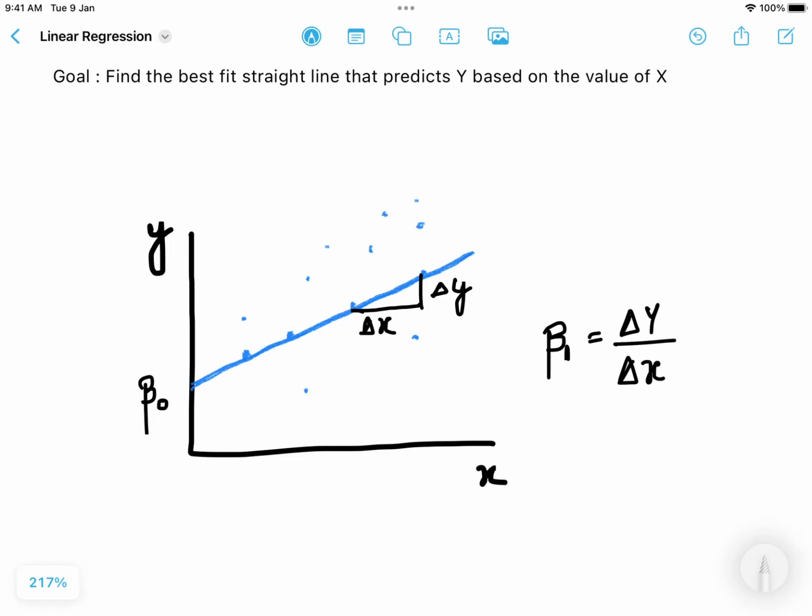So what are some common applications of linear regression? For example, predicting economic indicators like GDP based on factors like inflation and unemployment. If we are considering marketing strategies, it will help us in predicting sales based on advertising expenditure.